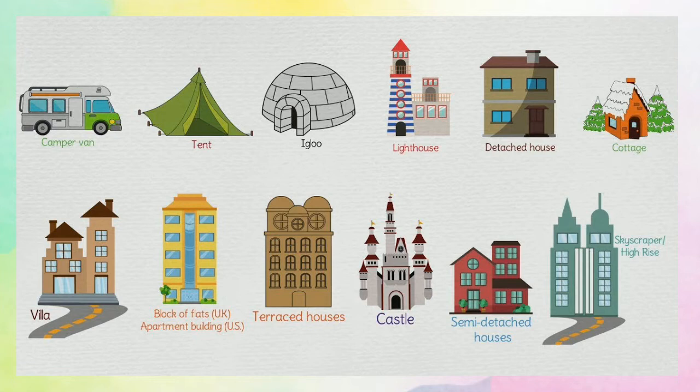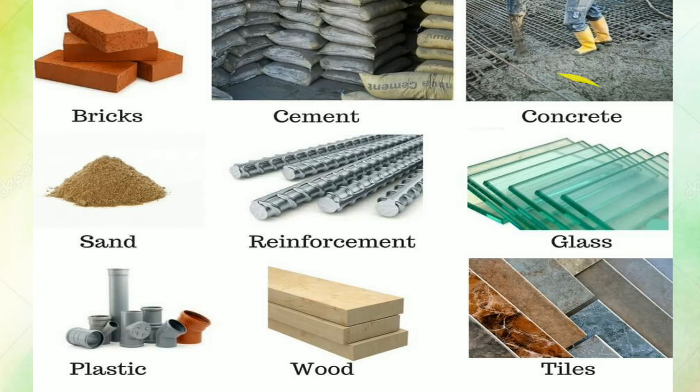Houses can be of different shapes and sizes, and can also be made of different materials. So, what are the materials used for building houses? Here we can see the materials for building houses.